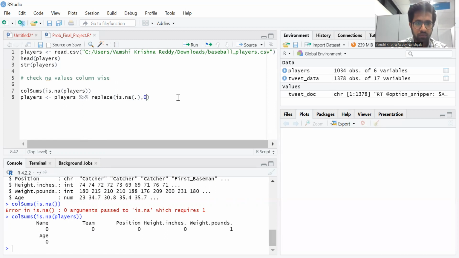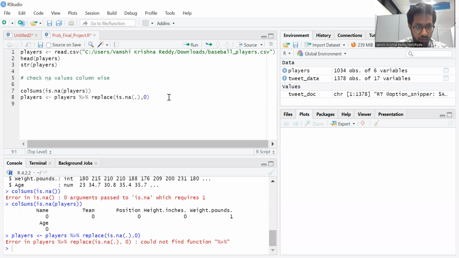This will replace the NA values with 0. Error in players replace is.na comma 0. Oh, there is some issue. What's the issue? What's the issue?